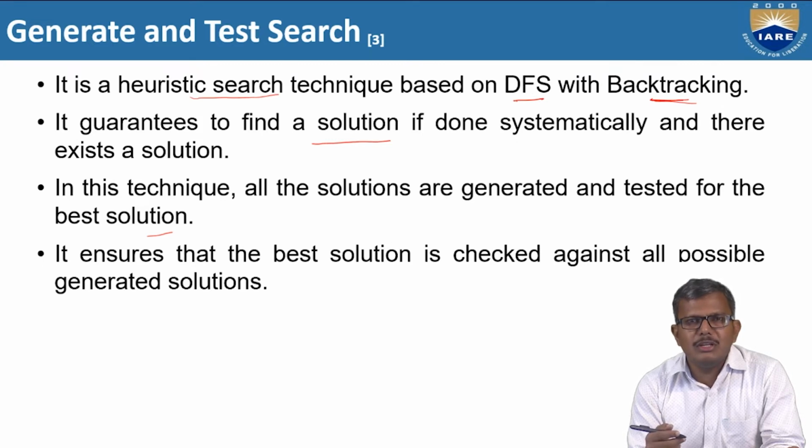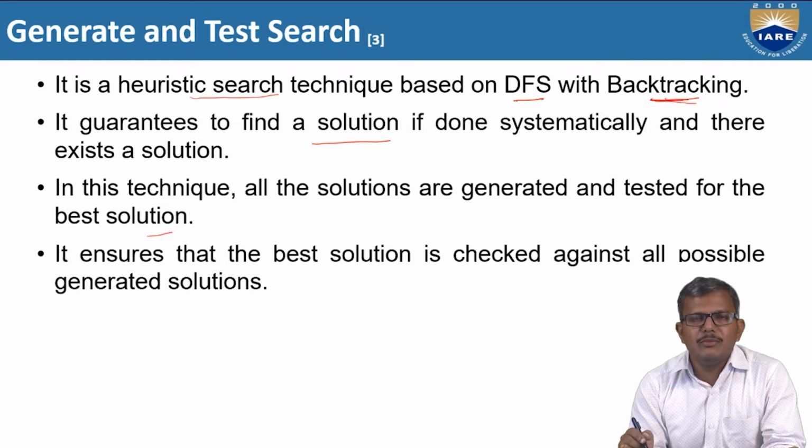Then we compare that with the goal state, or with our solution. If it is not the case, make use of the heuristic search technique, apply backtracking, go back and continue the process. So whenever you implement the heuristic function concept in generate and test, we can guarantee that we can get the best solution.